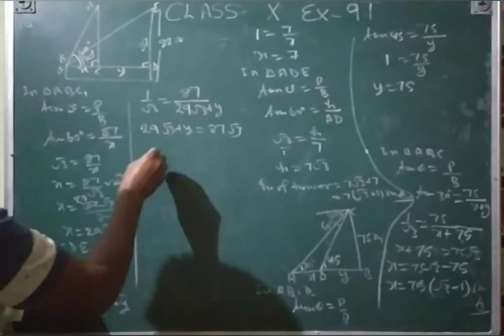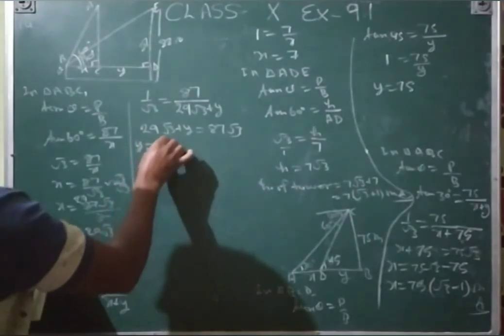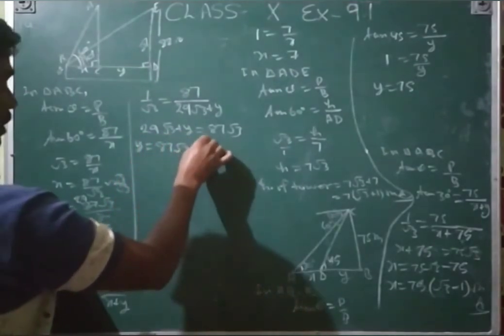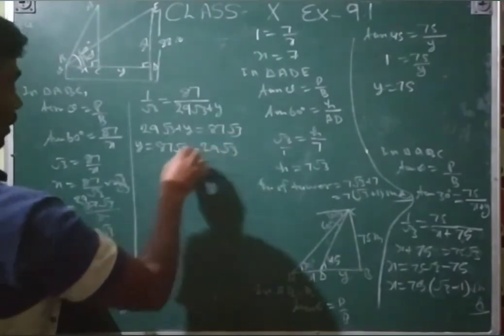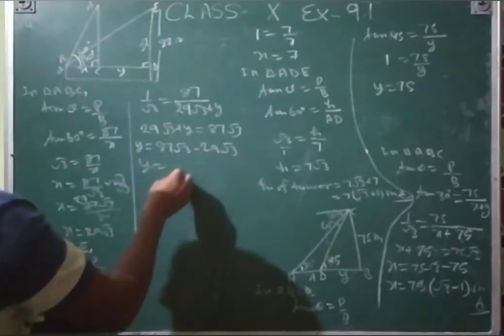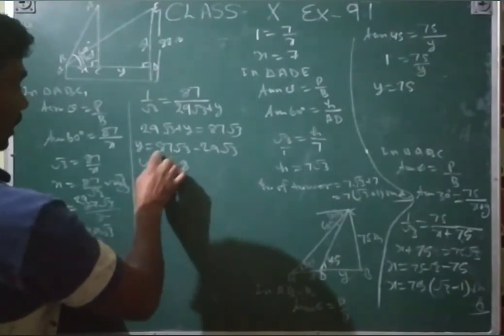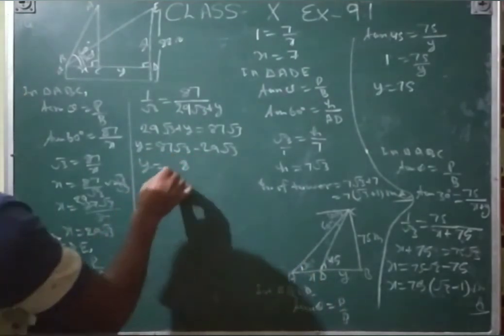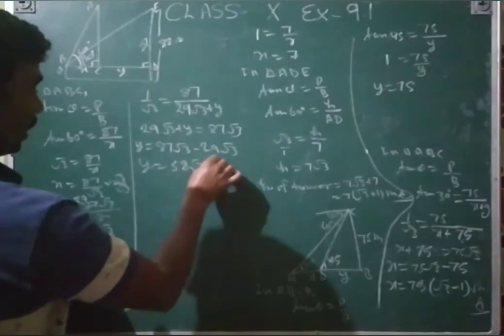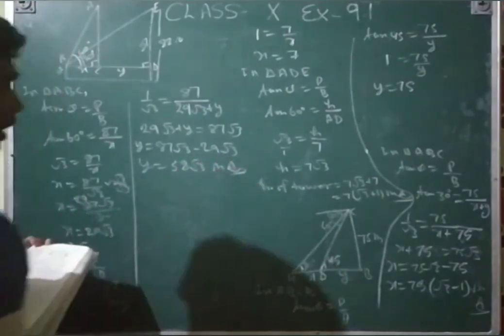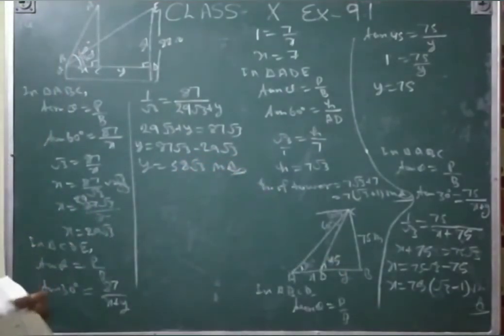So y is equal to 87 under root 3 minus 29 under root 3. That subtraction gives 58 under root 3 meter. This is the answer.